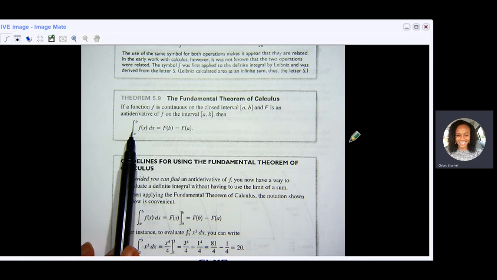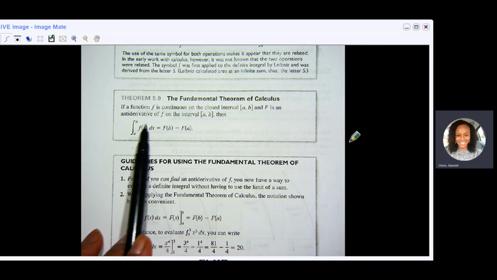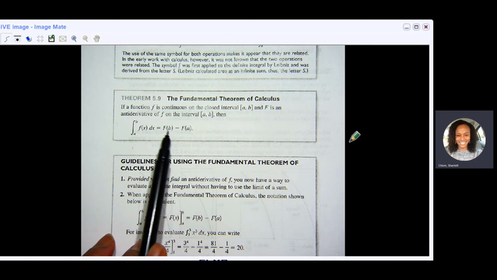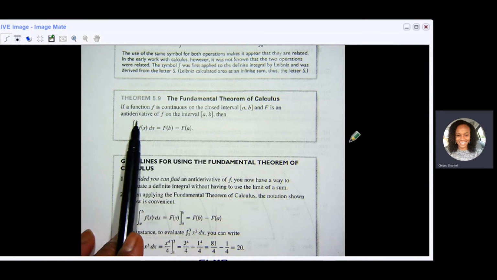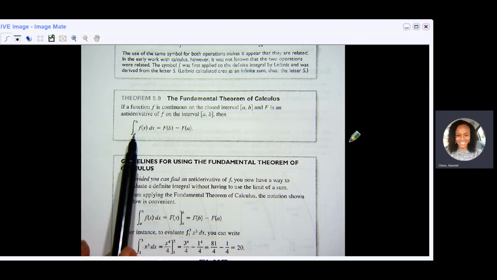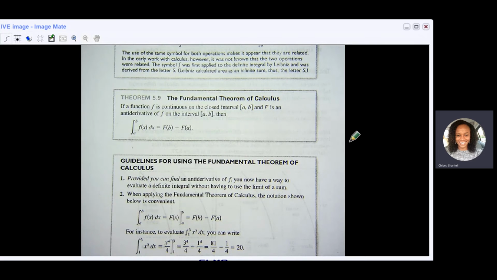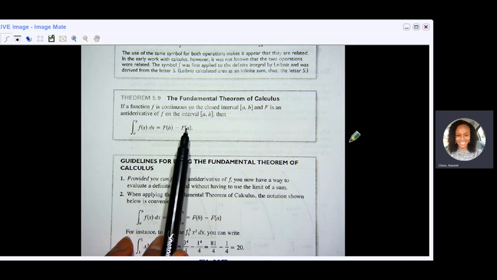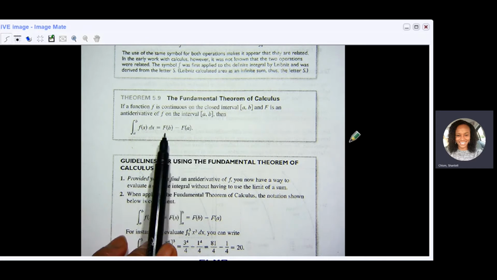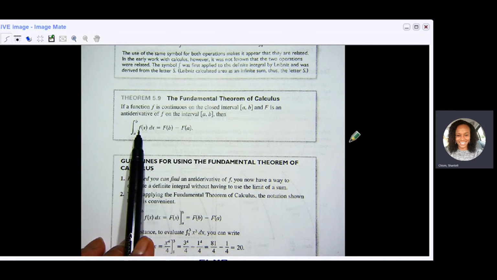So you find the antiderivative of this function, evaluate it at the top endpoint, and then subtract from it that function evaluated at the lower endpoint. The definite integral is equal to the antiderivative evaluated at those endpoints.